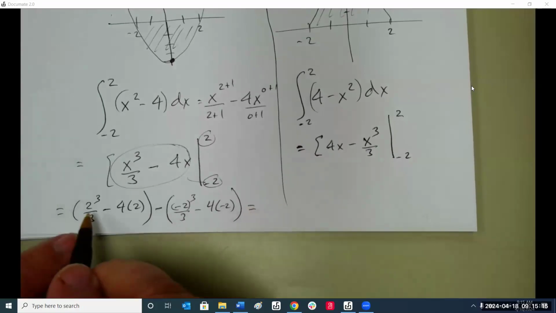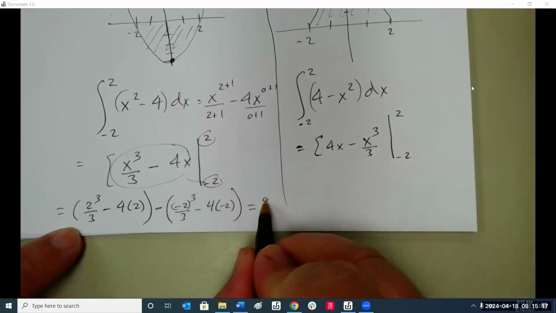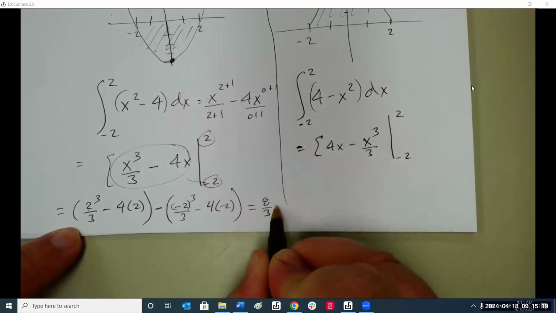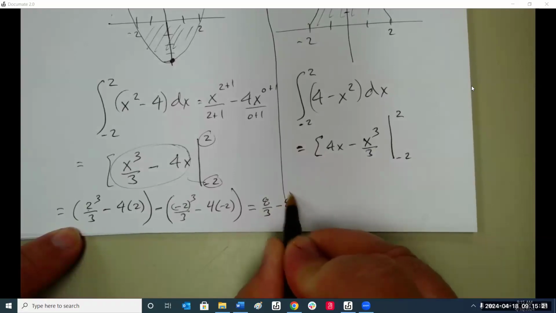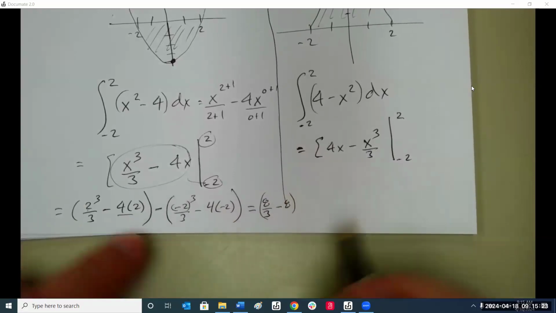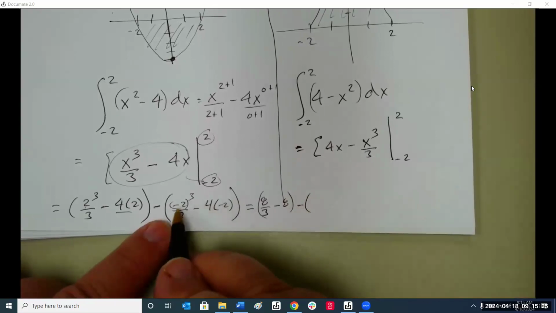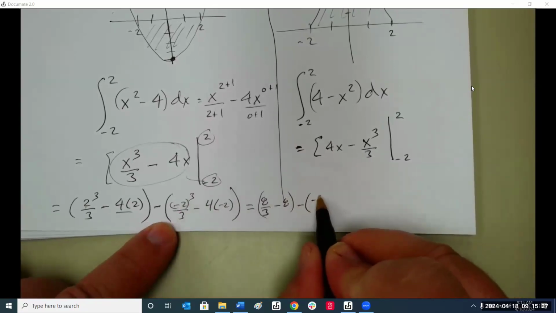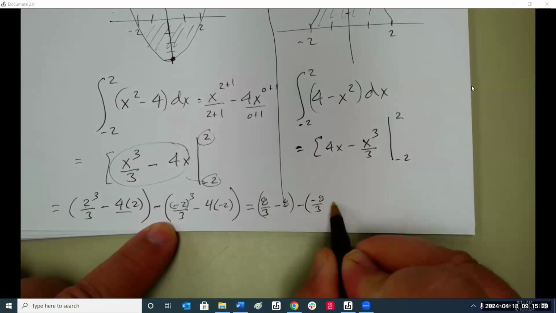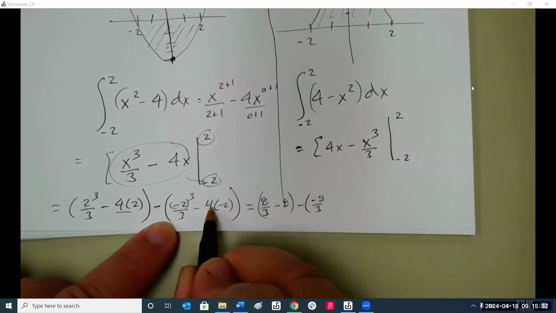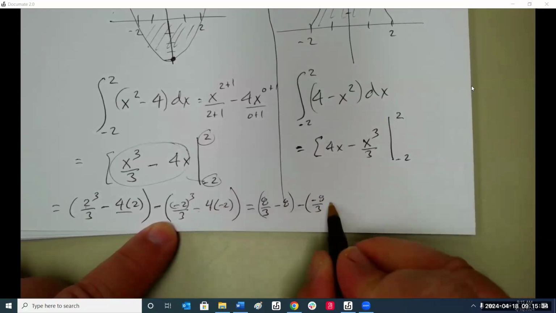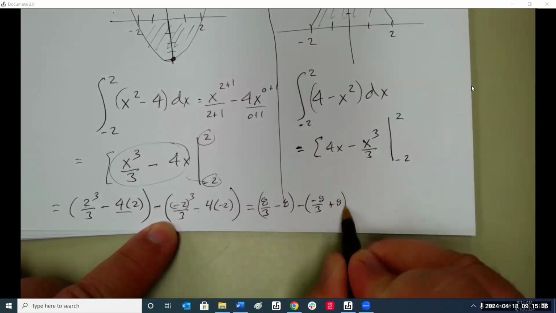Let's go and work this one out. So 2 cubed is 8 over 3 minus 8. That's 4 times 2. Minus -2 cubed is -8 over 3. -4 times -2 is a +8.